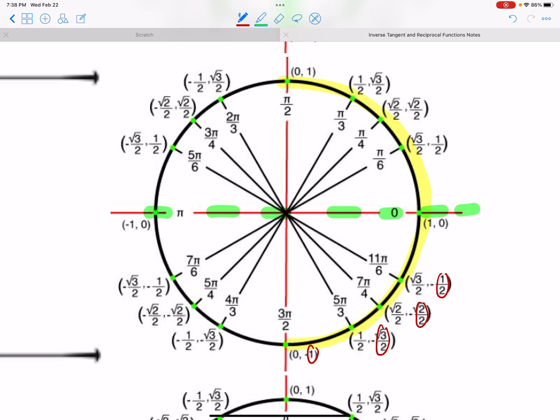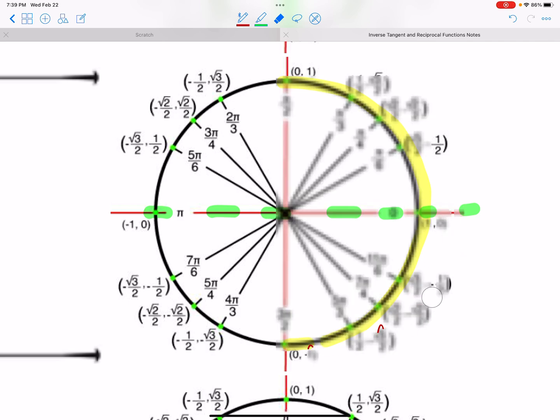Here, I'm not defined, so there's an asymptote. I can't even include that if I wanted to, but even if I wanted to, the reciprocal of 0 is undefined. Okay, so that's no good. So no matter where I look in my sine values in that range, I'm not going to be able to get a reciprocal of 0.